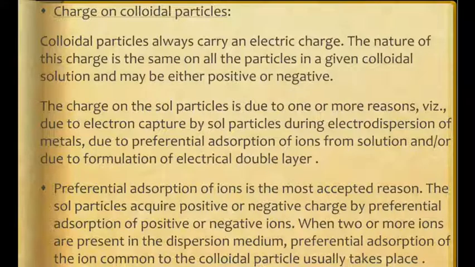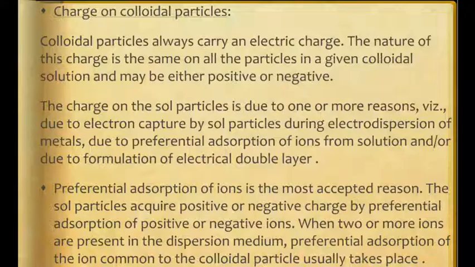For example, if silver nitrate solution is added to an aqueous solution of potassium iodide, silver iodide will adsorb negative iodide ions from the dispersion medium to give a negatively charged sol. However, if silver iodide is formed by adding potassium iodide to silver nitrate solution, the sol will be positively charged due to adsorption of silver ions present in the dispersion medium.